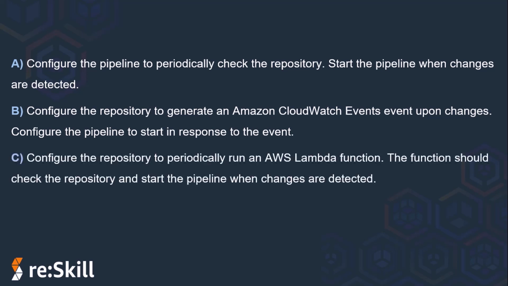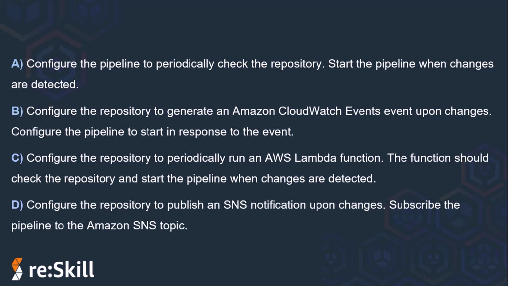Configure the repo to periodically run an AWS Lambda function, and the function should check the repository and start the pipeline when changes are detected. Okay, let's have a look at the last option also so that we can come to the conclusion. Configure the repo to publish an SNS notification upon changes and subscribe the pipeline to an SNS topic. So out of all the given options, D is not a valid method to start the pipeline. So we can eliminate that.